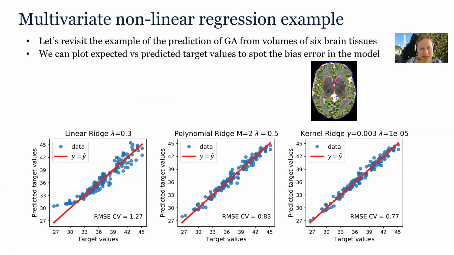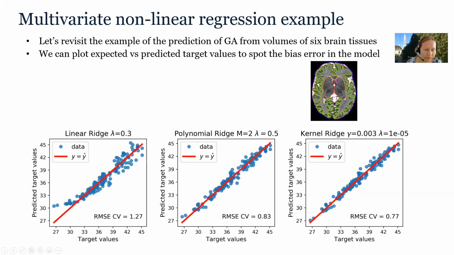Let's now revisit the example of the prediction of age from volumes of 6 brain tissues. Unfortunately, we cannot plot the fitted models because we have a 6-dimensional feature space. But what we can do instead is plot expected target values versus predicted target values.